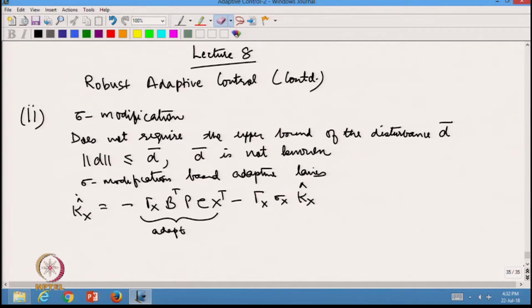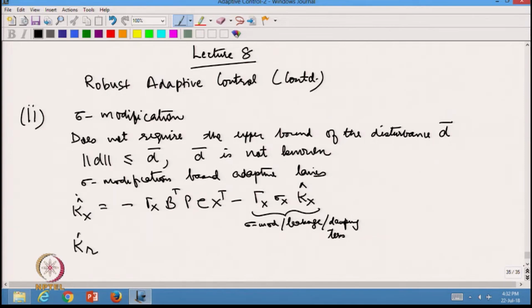Let us just say that this term is the sigma mod term or the leakage term or the damping term. We do a similar modification in the update law for k r hat.